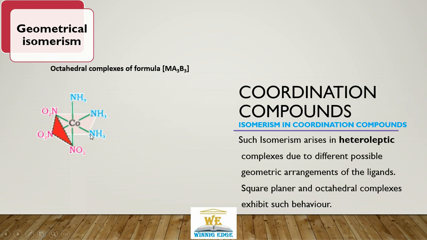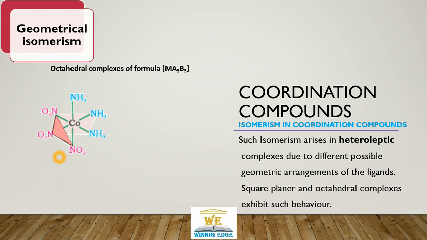Here 2 ammonia ligands occupy the equatorial plane and 1 the axial position. Similarly, 2 ligands occupy the equatorial plane and 1 the axial position. Same way. So each sort of ligand, if we join them together, we get one sort of face.